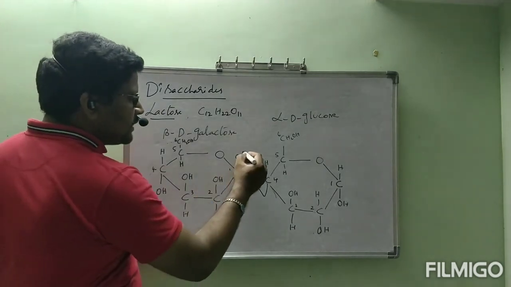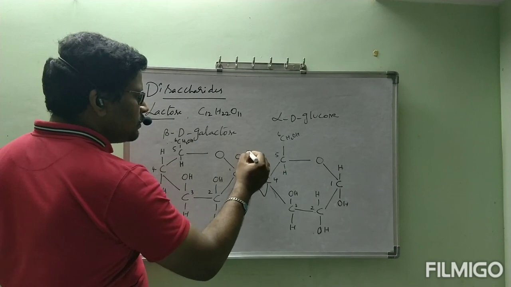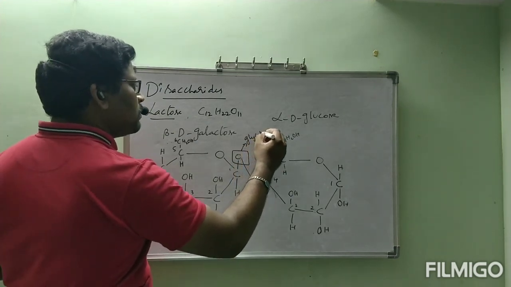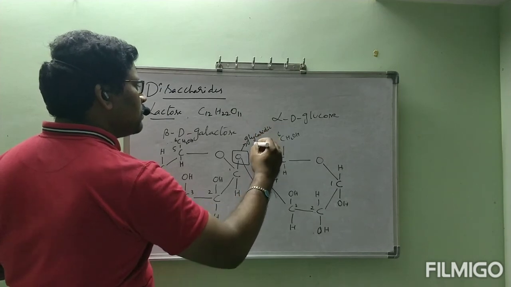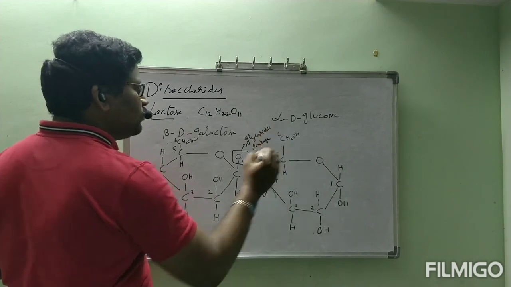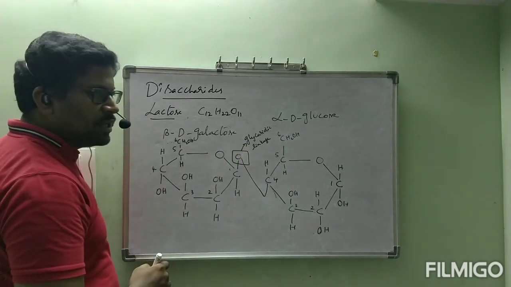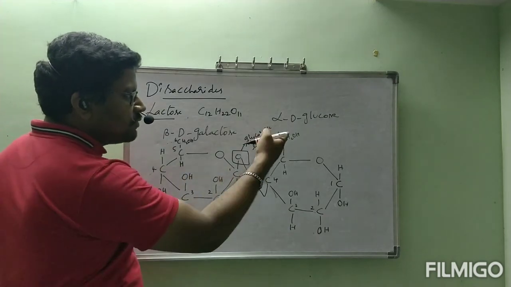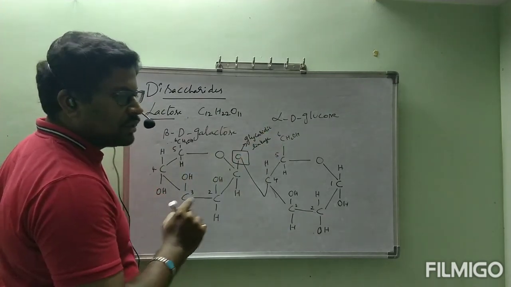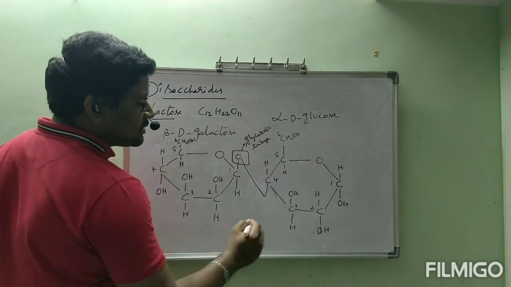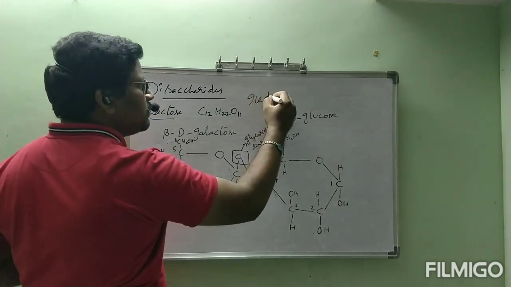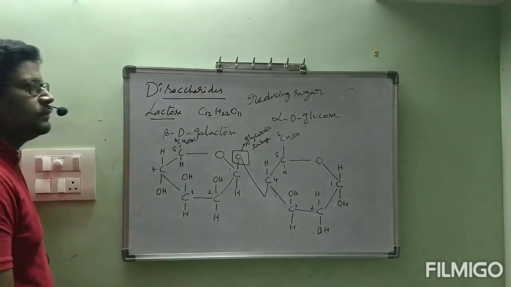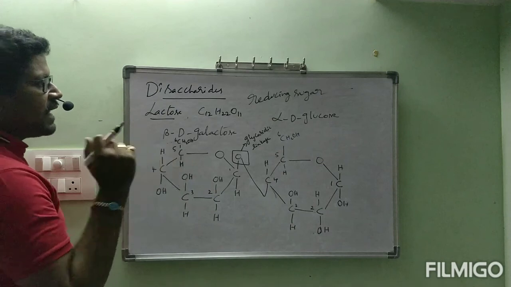Okay, this is glycosidic linkage. In glycosidic linkage, what are the carbons involved? C1 of galactose, anomeric carbon, and C4 of glucose, which is not an anomeric carbon. That anomeric carbon of glucose is free. That's why this is coming under reducing sugar. Okay, this is the structure of lactose.